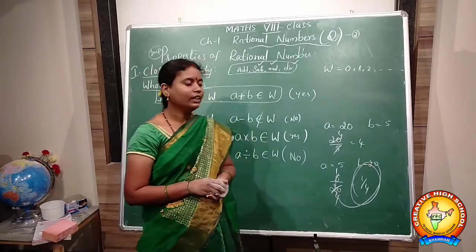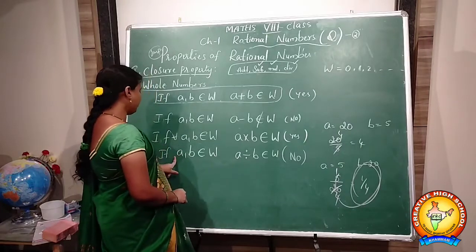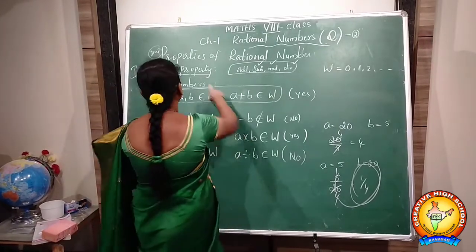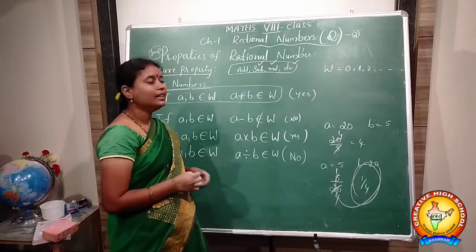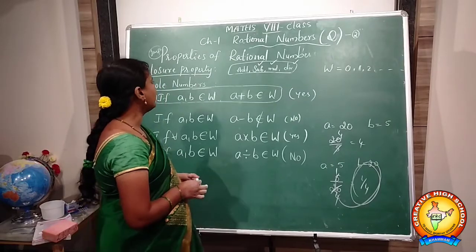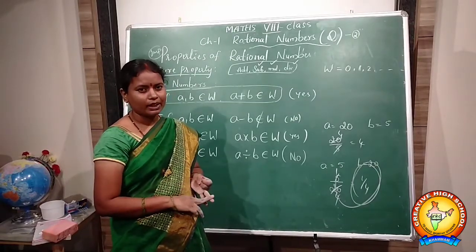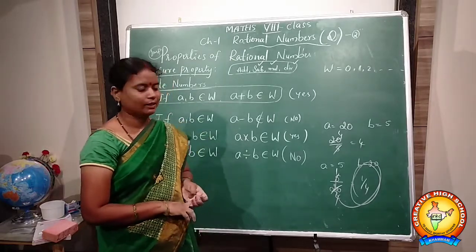So we can conclude that the set of whole numbers is not closed under division. Yes, do you understand? This is the closure property of whole numbers under addition, subtraction, multiplication and division.